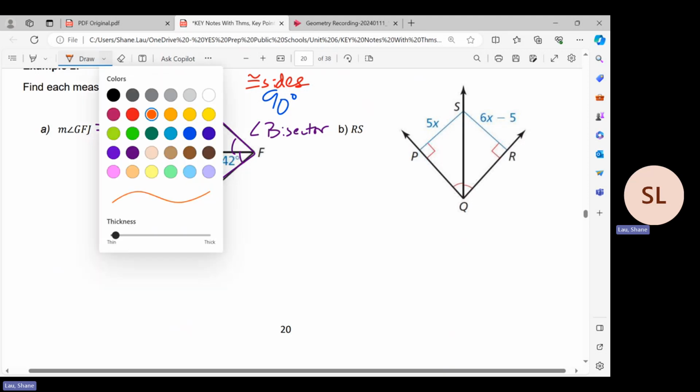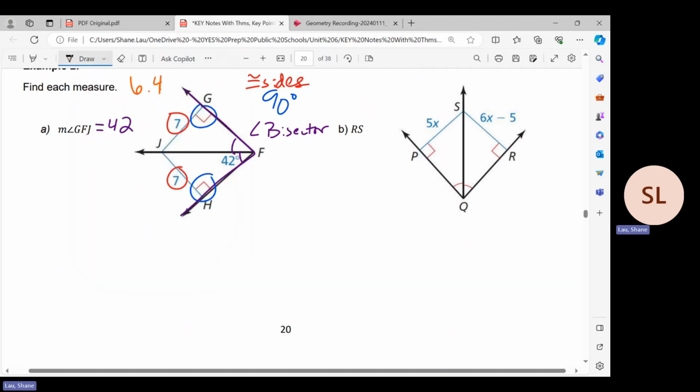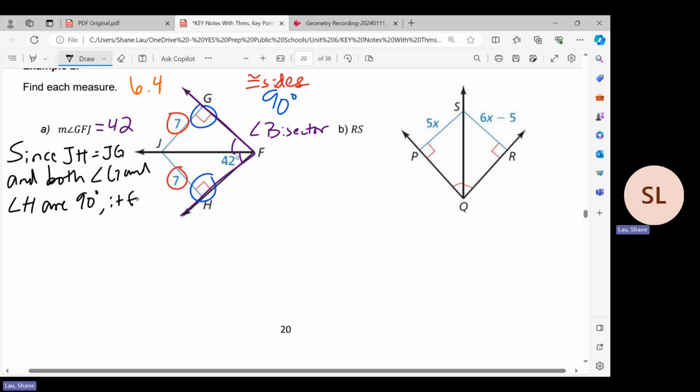And so the way I would rationalize this, in a kind of roundabout way, is I would say since JH equals JG and both angle G and angle H are 90 degrees, it follows that ray FJ is an angle bisector to angle GFH.